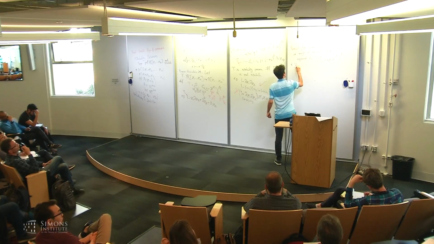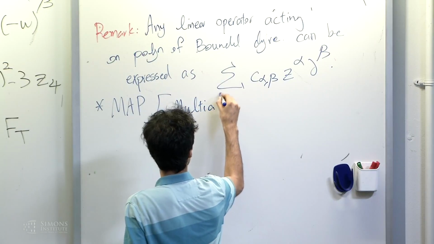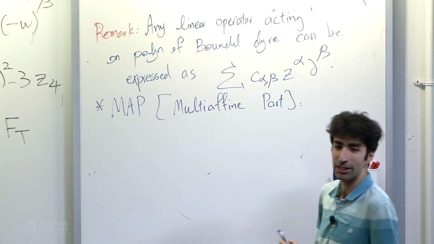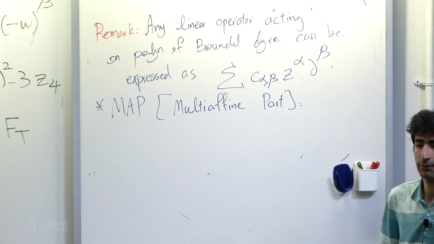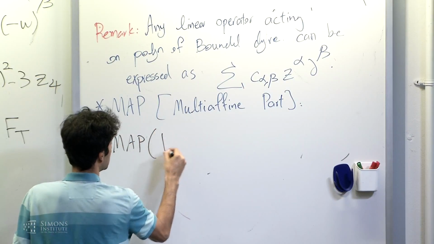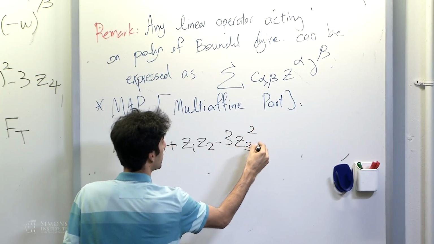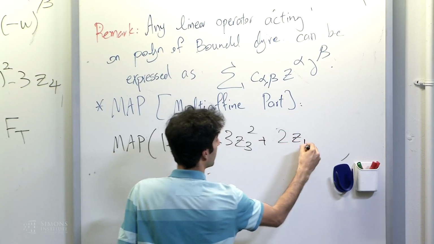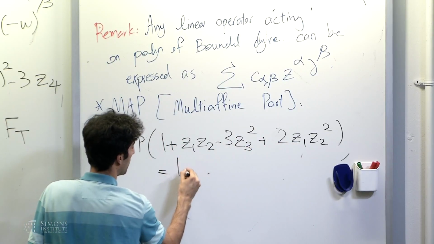Let me define a particular operator called MAP. This is called the multi-affine part. What this operator does is that it basically kills all monomials which are not multi-affine and only retains those which are multi-affine. So when you apply MAP, for example, to 1 plus z1 z2 minus 3 z3 squared plus 2 z1 z2 squared, I'm going to kill the last two, and this is equal to 1 plus z1 z2.